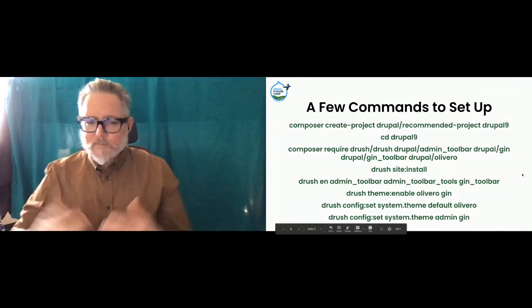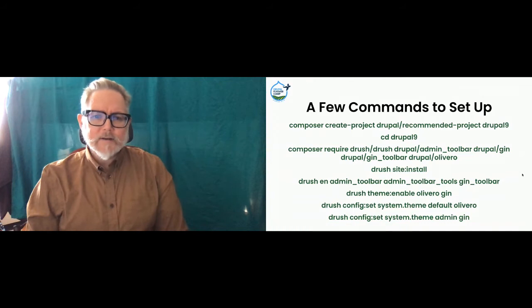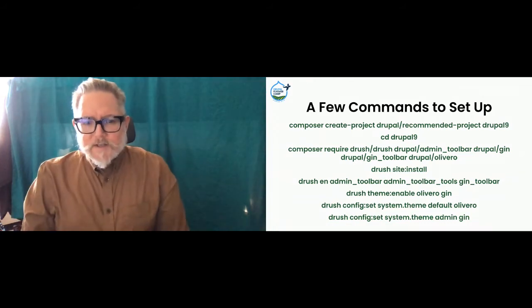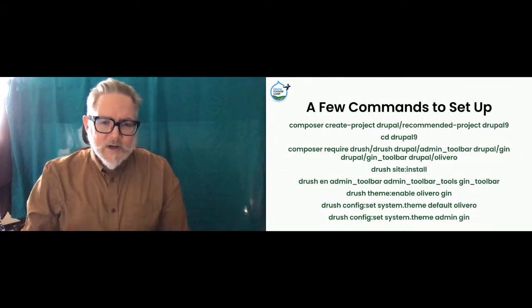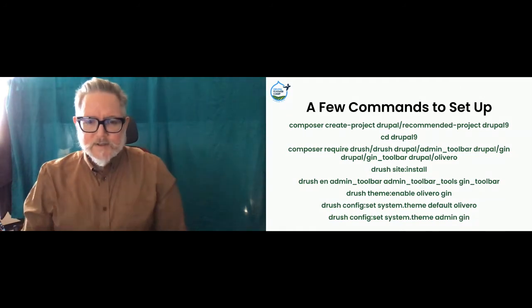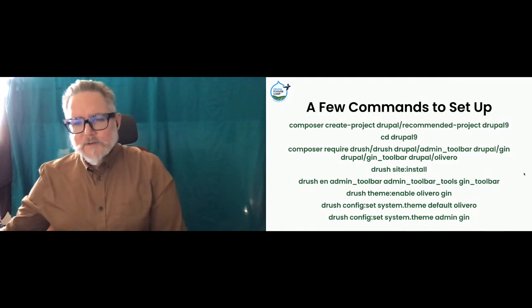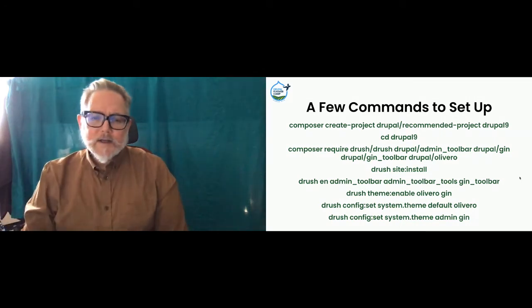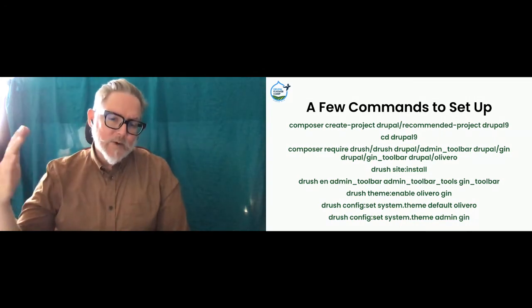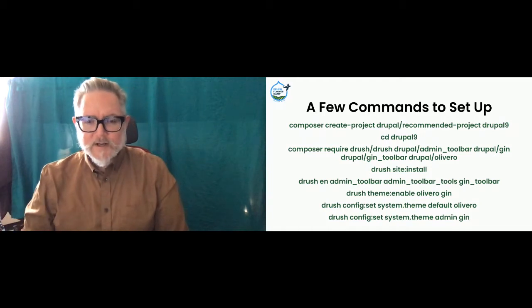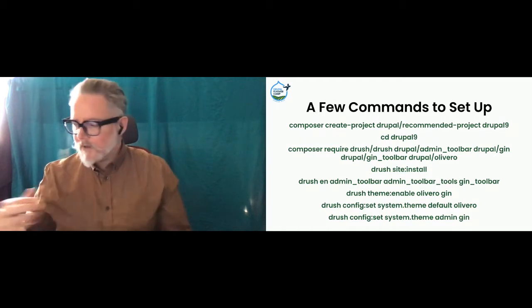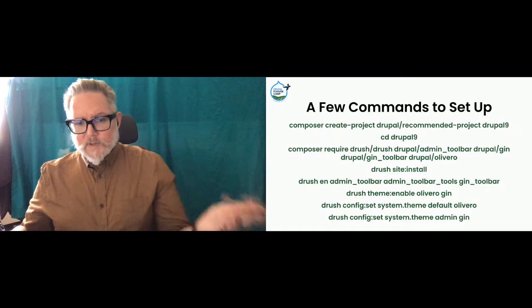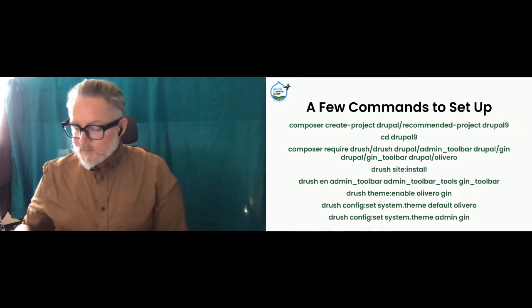So 8 command line commands here. As long as you've got Composer installed, you can do these. And I guess the only step I didn't include in here is adding it to your vhost file. But essentially, when I reset this environment, I can do these 8 commands, and I end up with my Drupal install that we just looked at.